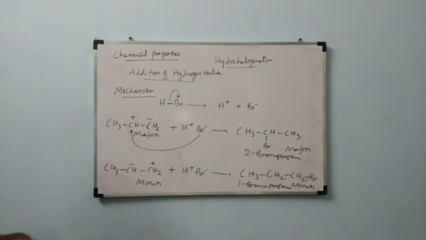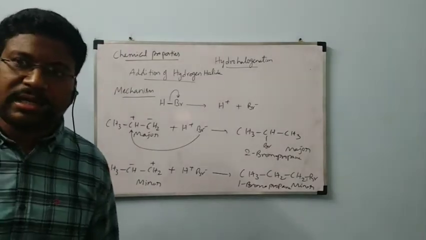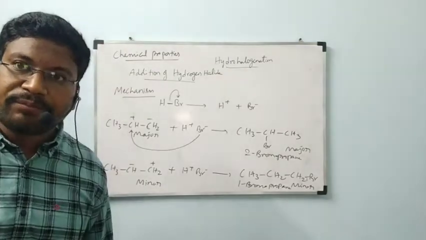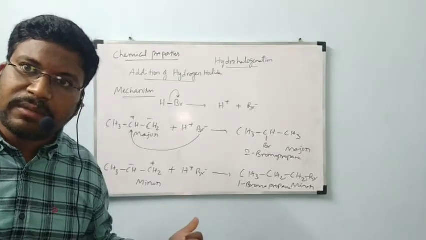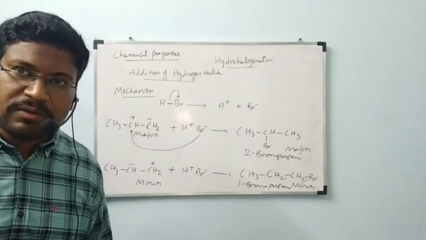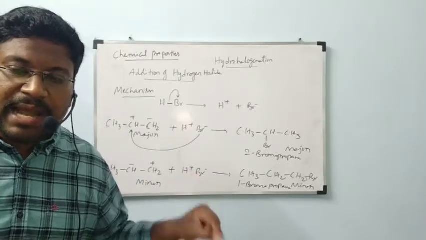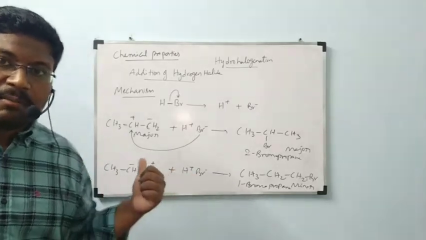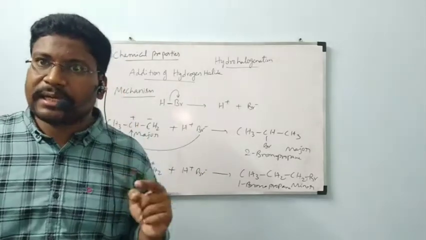So this is explained based on primary and secondary carbocations. But next year, no need for the mechanism. For understanding why it happened like that, we have written the mechanism, but next year we have to remember the statement correctly.